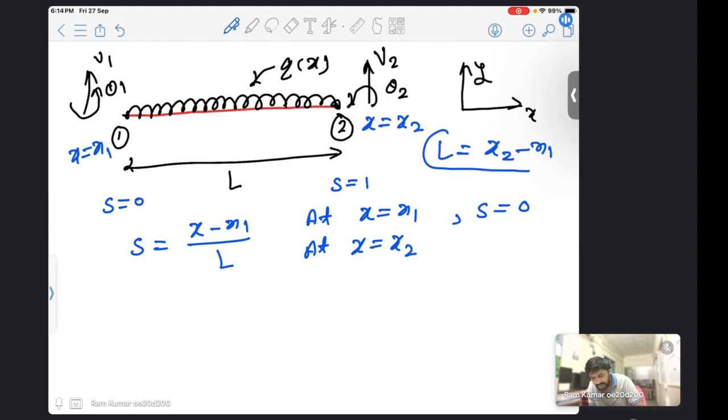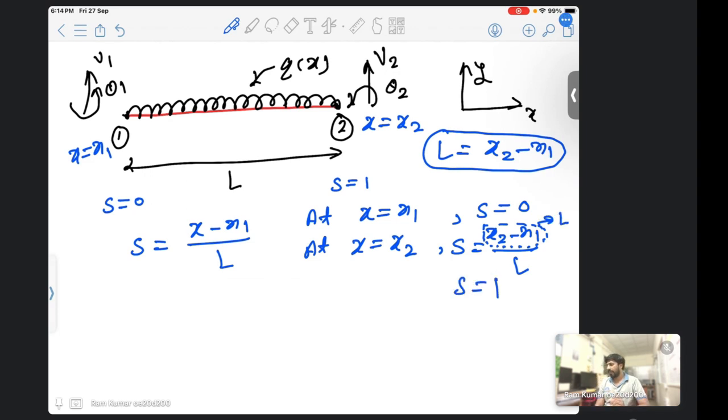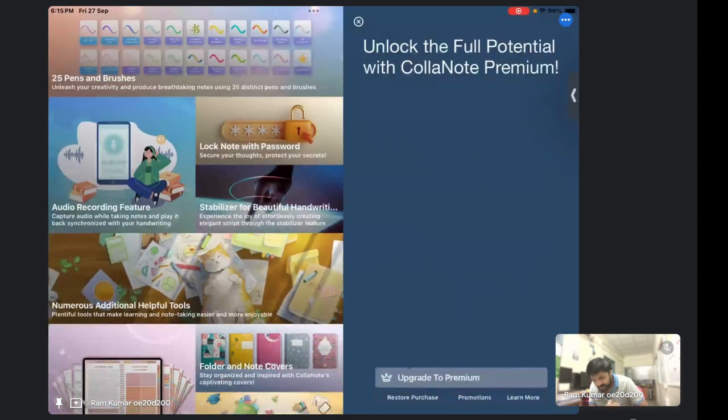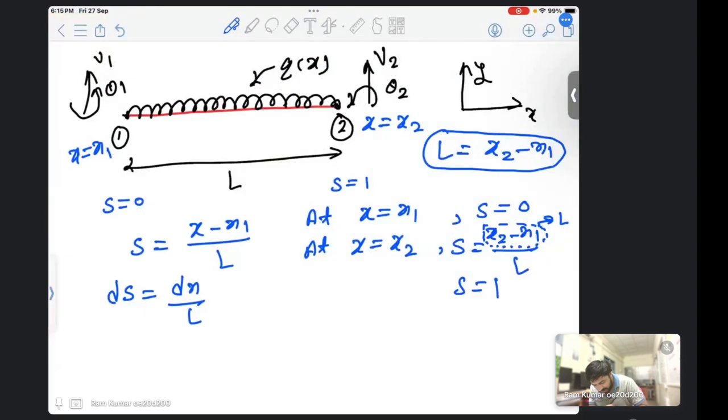I'm just converting from one system to another. Then at x equal to x2, s will be (x2 minus x1) by L, and we already said this is L only, so s will be 1. Similarly, ds equals dx by L, so we can say dx equals L times ds.